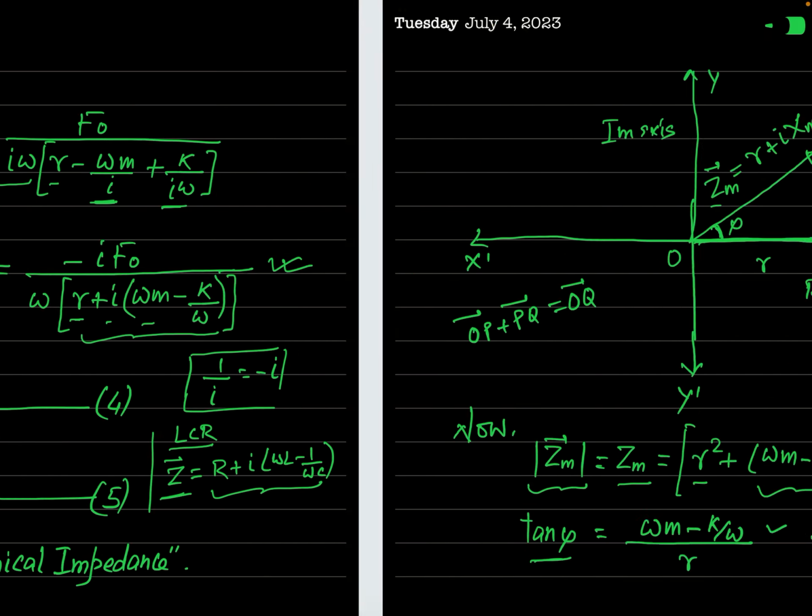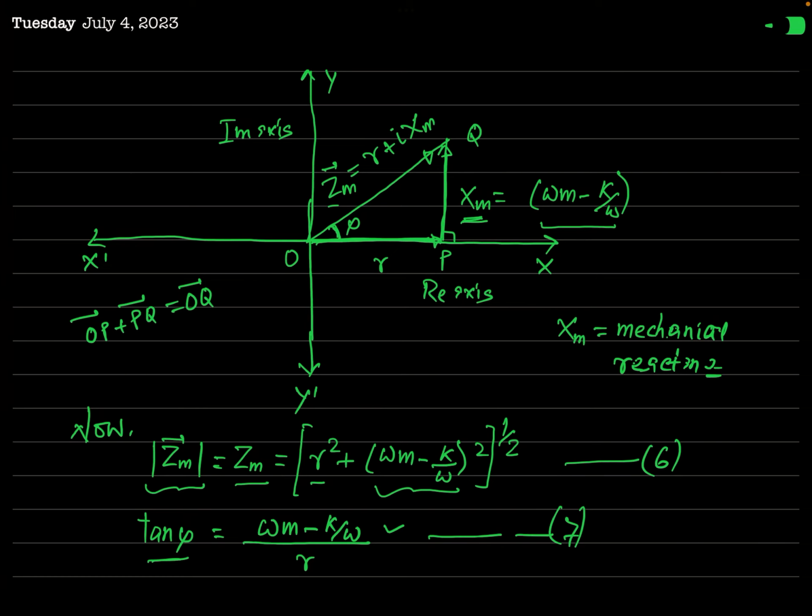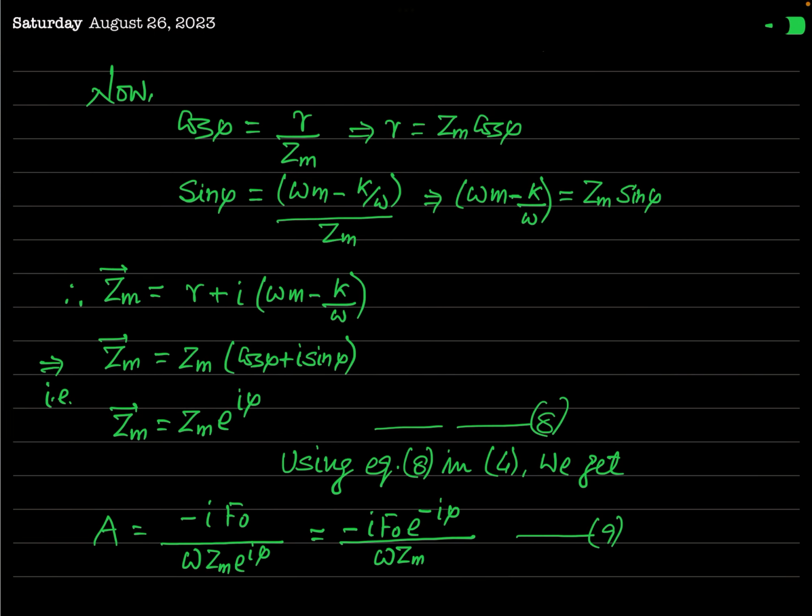From the figure, it is obvious that cos phi will be equal to this R divided by mod of Zm. So cos phi is equal to R over mod Zm, and therefore R is equal to mod Zm cos phi. And this sin phi will be omega m minus k by omega over mod Zm, and so omega m minus k by omega is mod Zm sin phi.